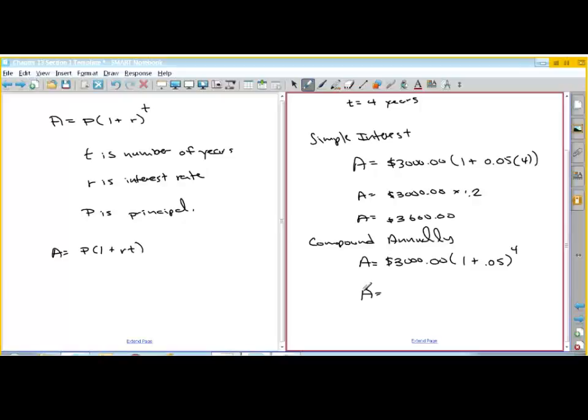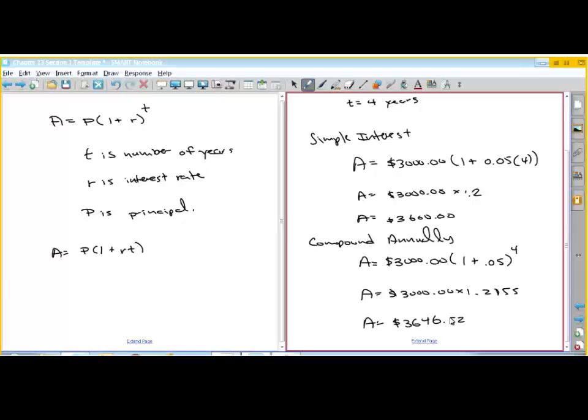So we take 1.05 raised to the 4th power, and that comes out to be 1.2155, which is greater than 1.2. And so we get $3,646.52. So we get $46.52 more.